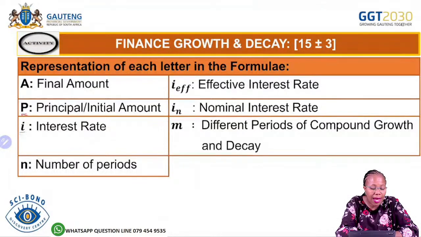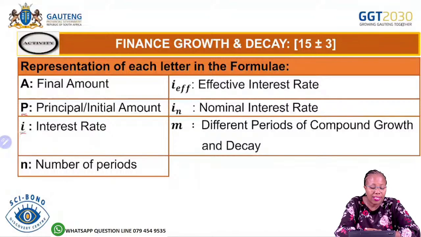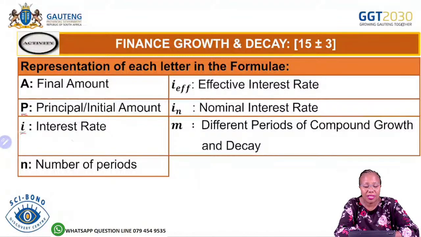And then we have I, the smaller i here indicates the interest rate. The money is invested at 10%, or the interest is added at 15% and so forth, okay? That is the interest rate. As inflation, we know that they are inflating in our country with 15%, so that is the interest we are talking to. It is in percentages.